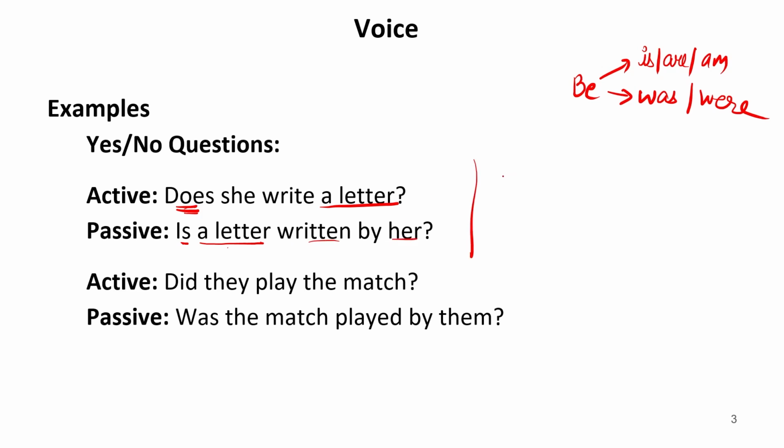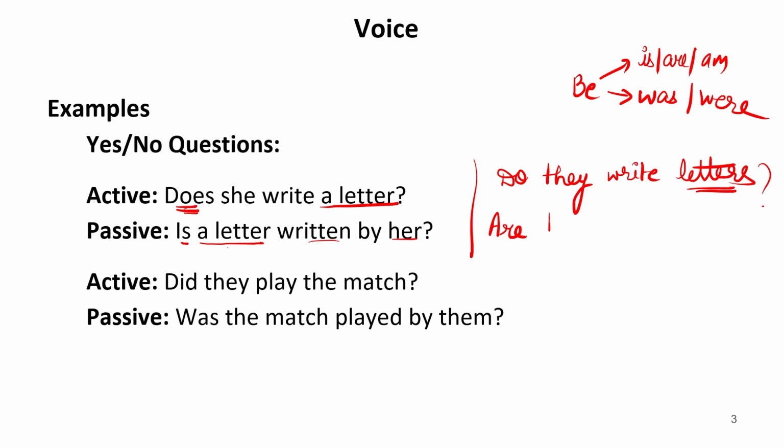Now if the sentence is: do they write letters? Now this is the question. When we convert this sentence, we should see that here the object is letters, and letters are plural. So we use are, because are is used to show plural.